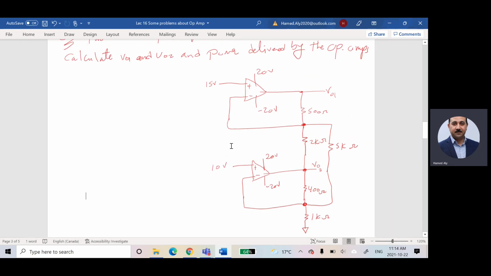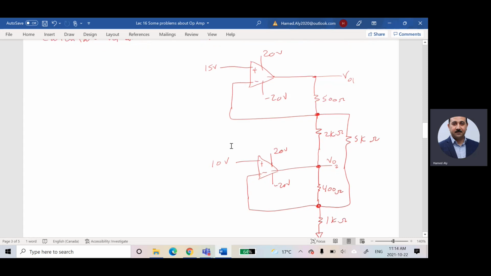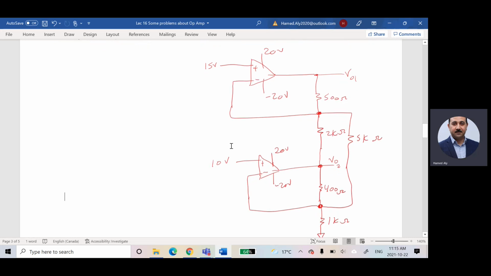Solving such a problem, what I have to do is define VP, VN for each one. I have to define IP, IN for each one. And then I will say IP is equal to IN is equal to 0, and VP is equal to VN, it's not equal to 0. So I have to define I and V, P and N for each operational amplifier.